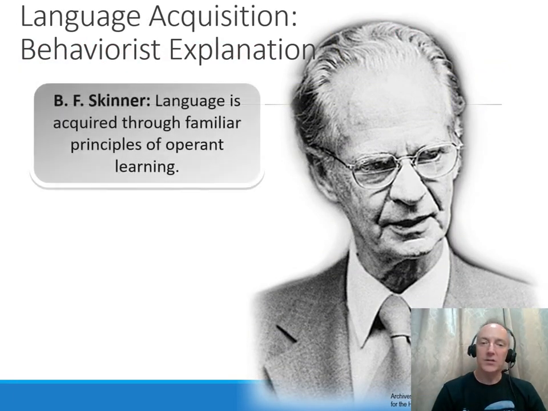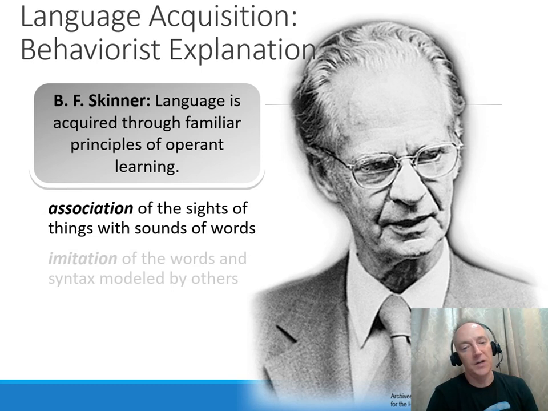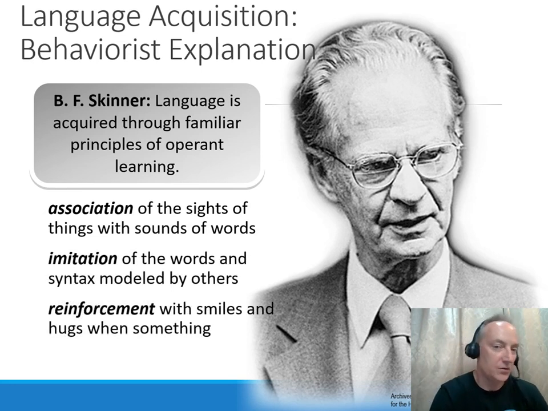So with regards to language, different people from different perspectives of psychology would propose different reasons for, well, why do we acquire language the way we do? So behaviorists like B.F. Skinner, who focused on learning and believe everything is learned, would say the same holds true for language.